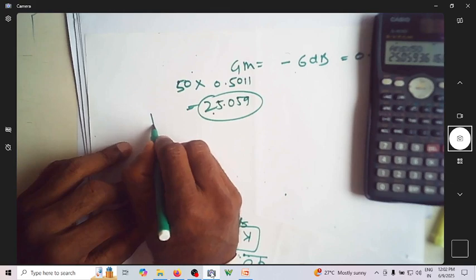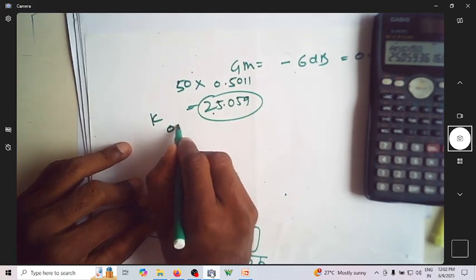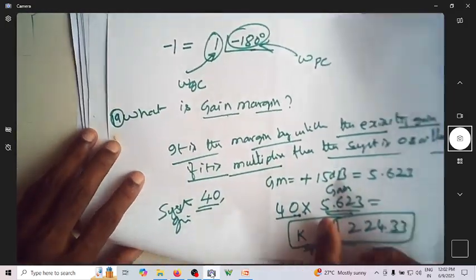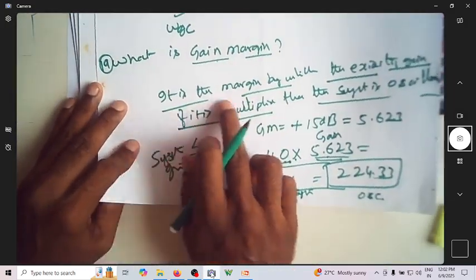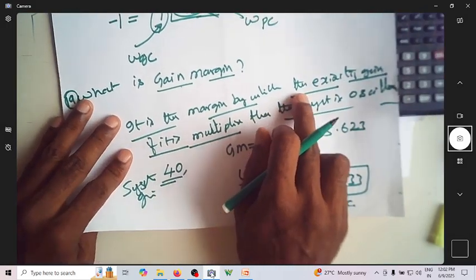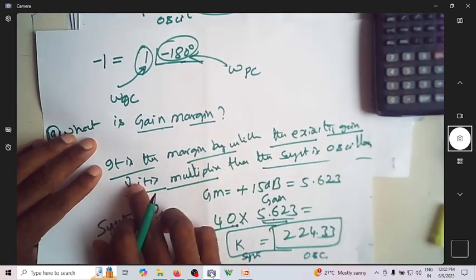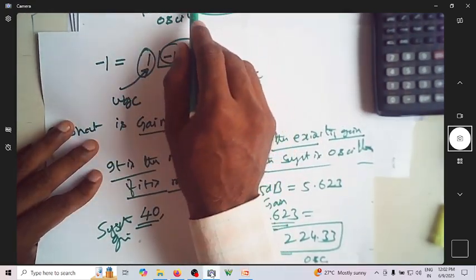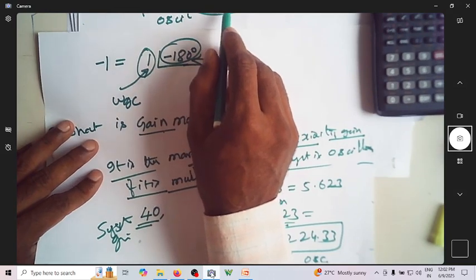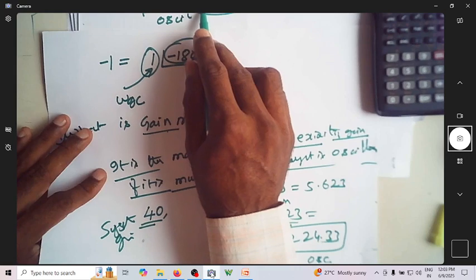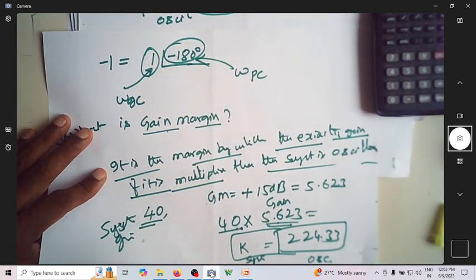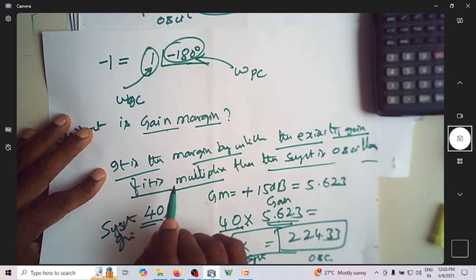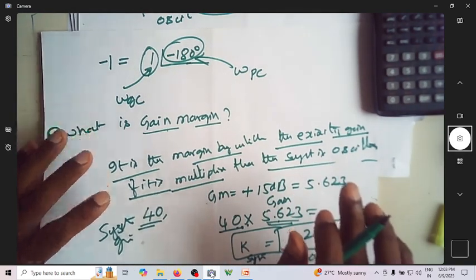At this value of k, the system is oscillating.